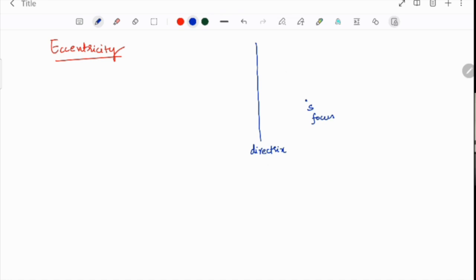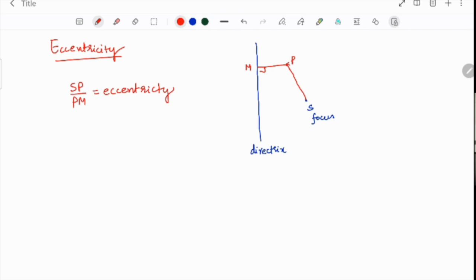Now, if I take any point in the plane, the distance from that point to the focus is PS, and the distance from that point to the directrix is PM. This ratio SP by PM is what we are calling eccentricity.